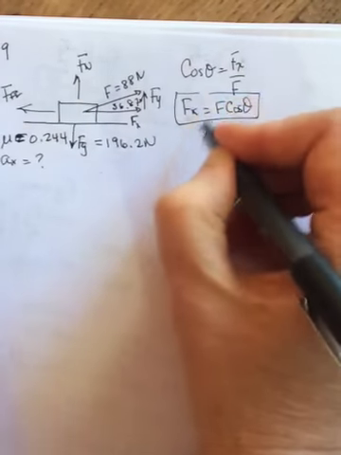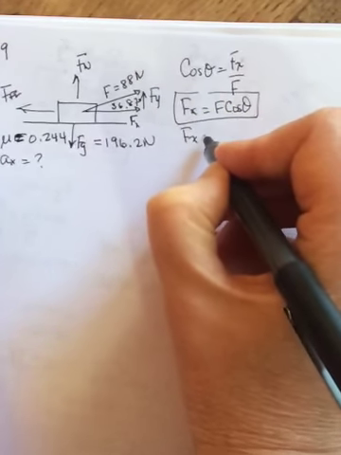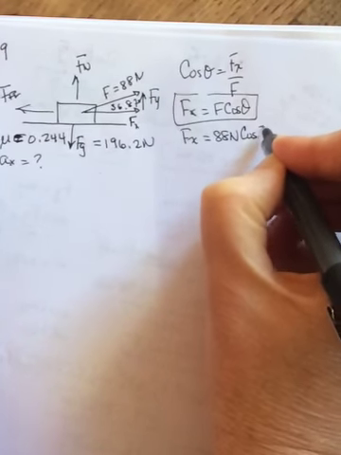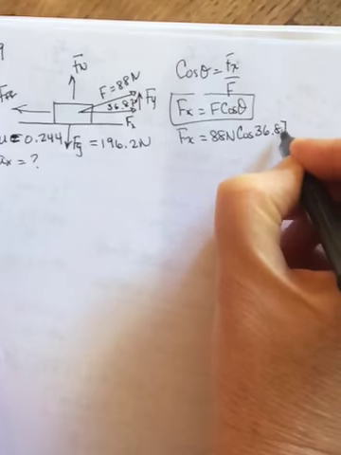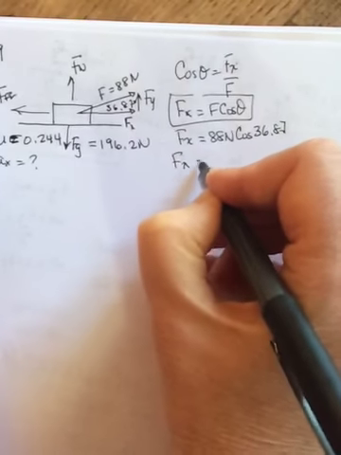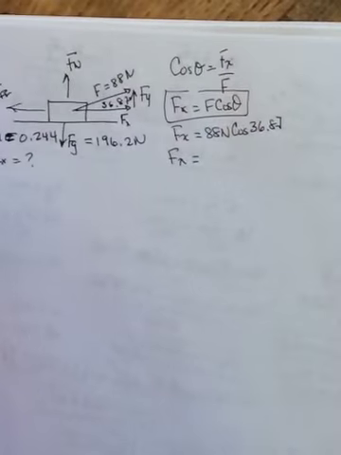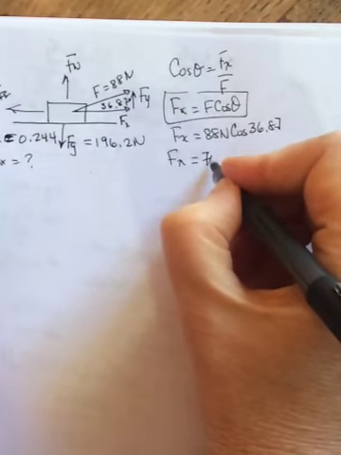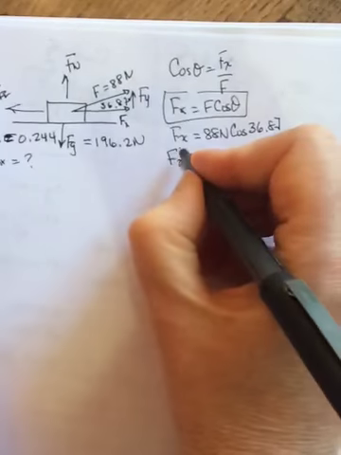You could stop here. I probably would, but if you want to find your numbers, you can. 88 newtons times the cos of 36.87, and when you do this, you get an Fx of 70.4 newtons. Okay?